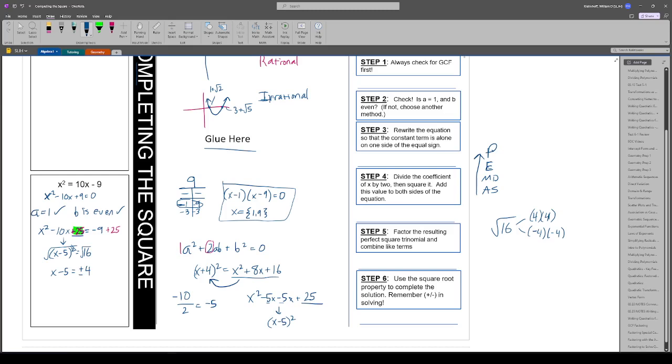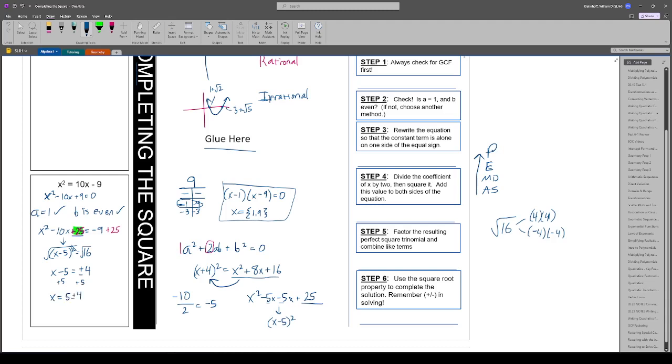And since this came out to be a perfect square, that means I could have factored this. So if I started with this method, this would be the point where I'd go, oh man, I could have factored it and it would have been way faster. So now to finish solving it, I have x, I need to get it by itself, so I add 5 to both sides, and we get x equals 5 plus or minus 4.